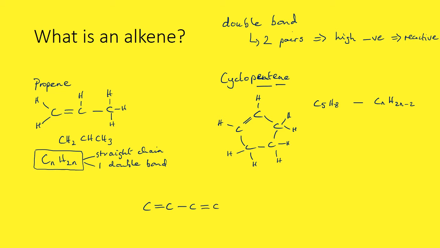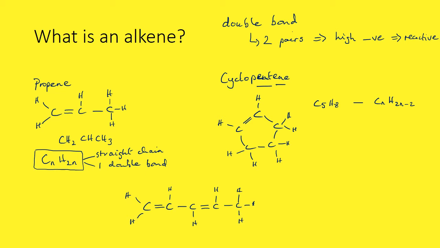So let's have another double bond and another single bond. Draw in our other bonds with the hydrogens. This next carbon is just going to have 1, as is this one and this one, and the end one has 2.